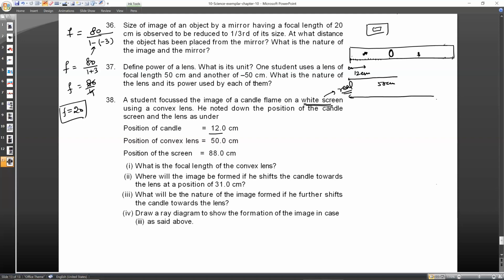The image of this burning candle is formed at a distance of 88 centimeter. Now tell me first what is U and what is V in this case. What is F, what is U and what is V?